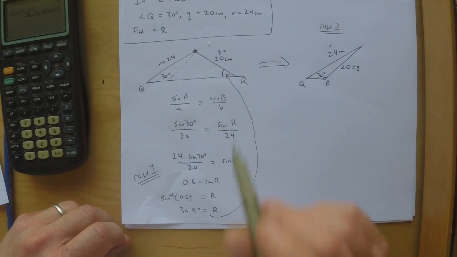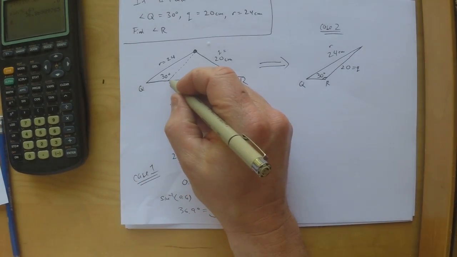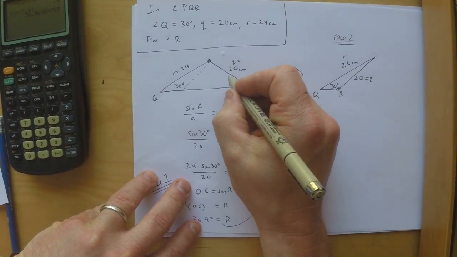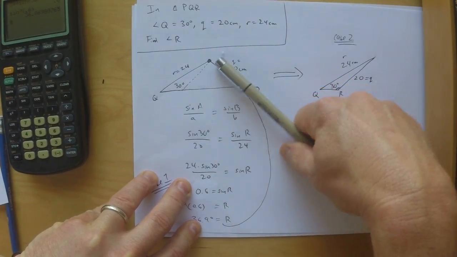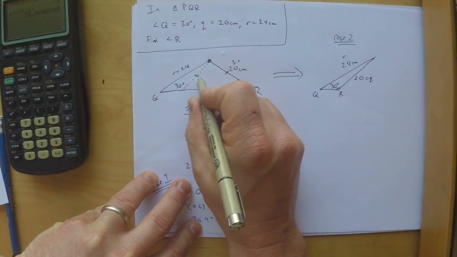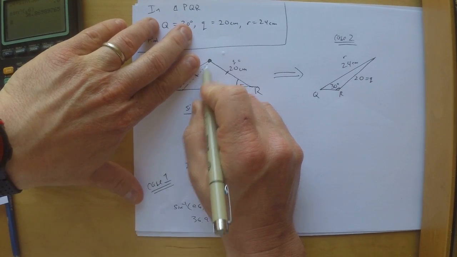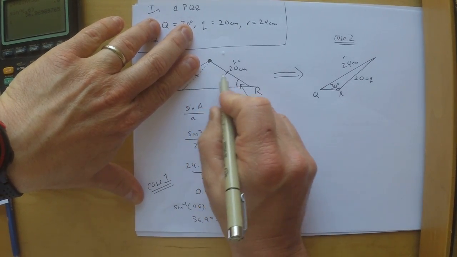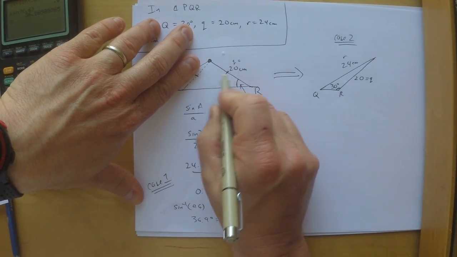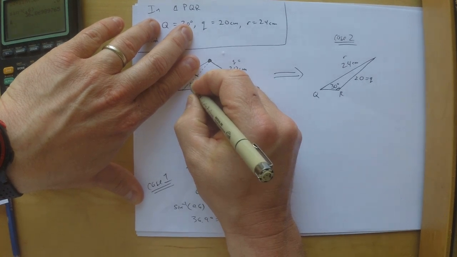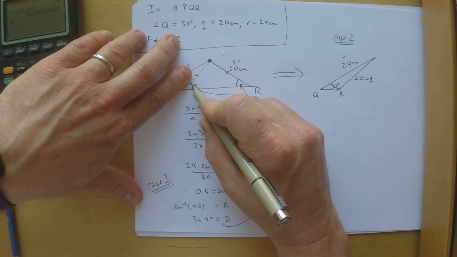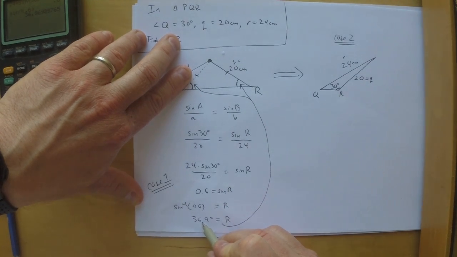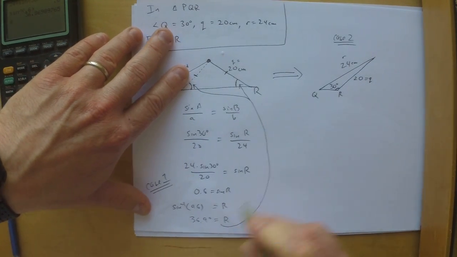So the question is, how do I find it? And the key is in this little picture here. If you look here, do you agree this is 20? When I rotate it over to here, this is also 20. This is an isosceles triangle here that I've kind of created. If these two sides are the same, this angle and this angle are the same. So I know this little backside angle here is 37 or 36.9 degrees.